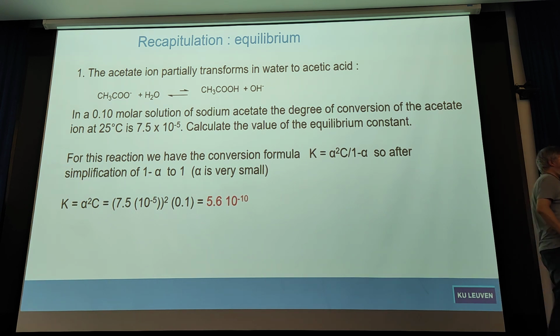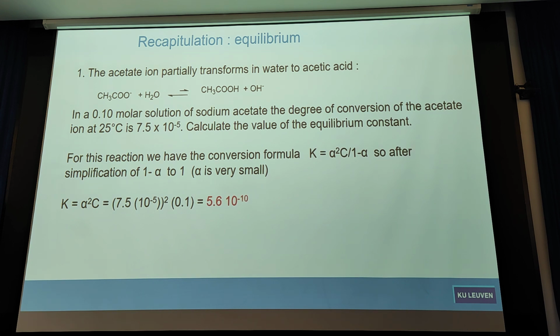So if we now make K, it's alpha concentration multiplied by alpha concentration, so that's alpha squared concentration squared, divided by (1 minus alpha) concentration. We can reduce the concentrations, and we finally end up with alpha squared concentration over 1 minus alpha.